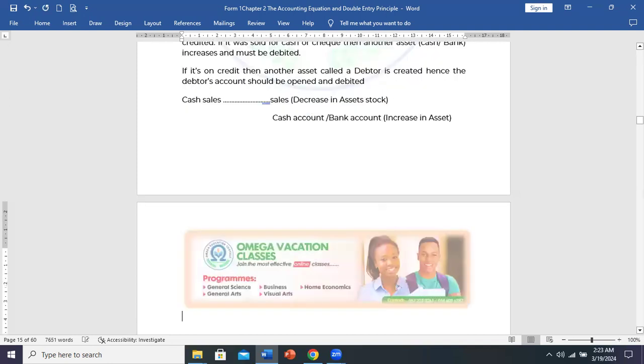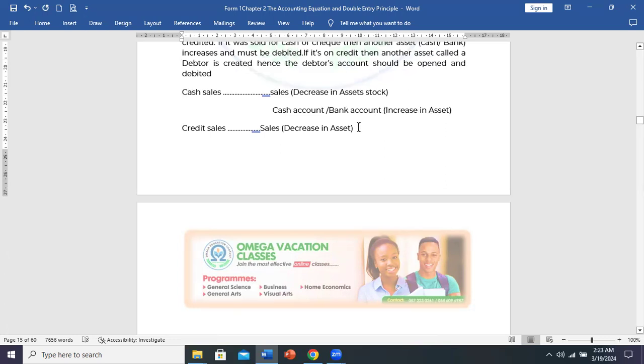If it is on credit, so we sold the goods, but we didn't take money, so it's on credit. So if we have credit sales, since we are selling, still we'll open the sales account to show the decrease in stock, decrease in asset stock. And then we also acknowledge the second account. Here, the second account will be the debtor's account, simply because the customer did not pay, and for that matter, he or she is a debtor.